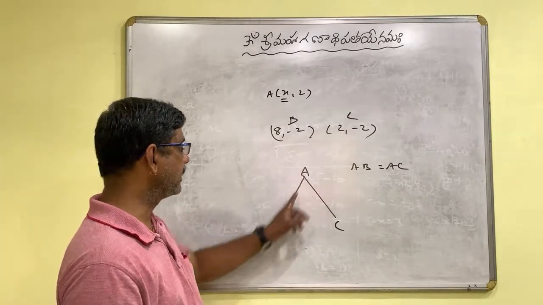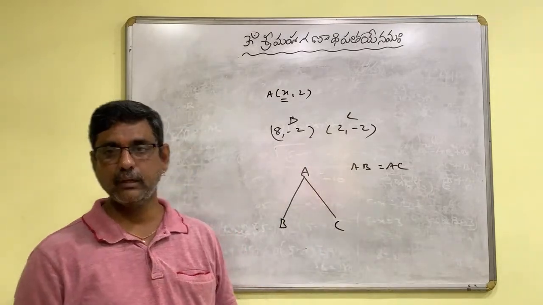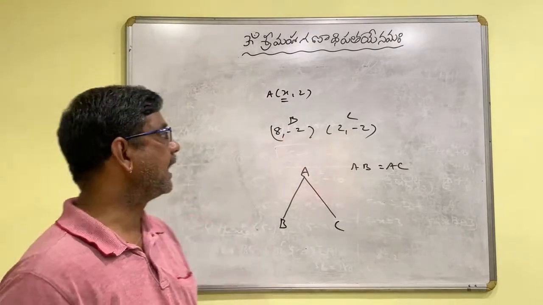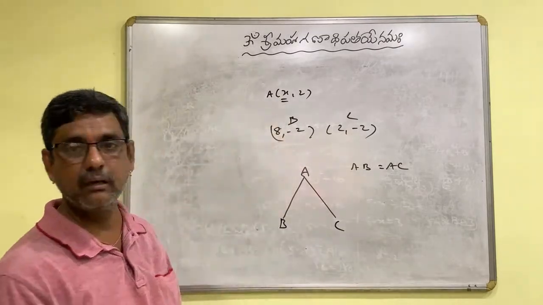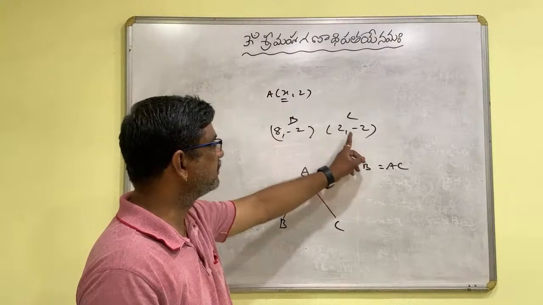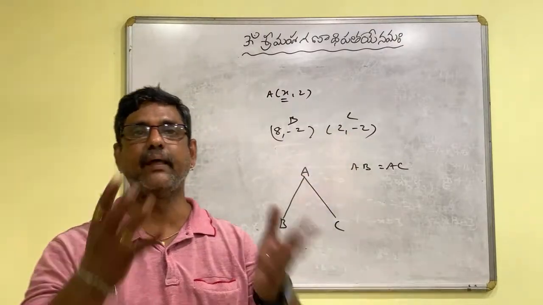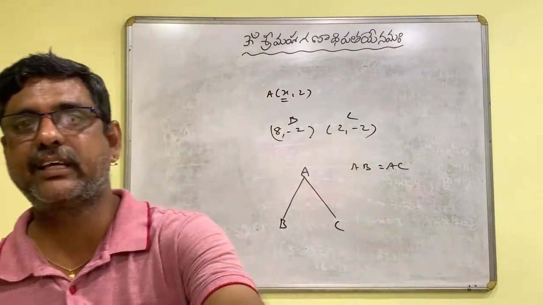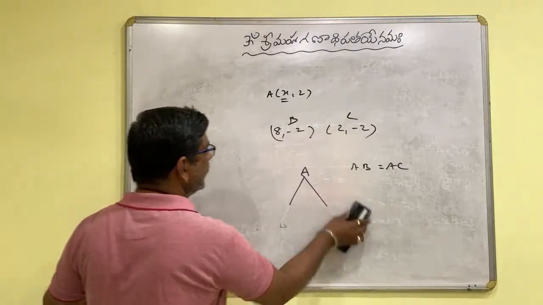So along AB is. So what we have to do? Calculate the distance between AB, calculate the distance between AC, and equate them. You will get the value of x. ఇది కూడా ఒకసారి చేస్తాం చూడండి.